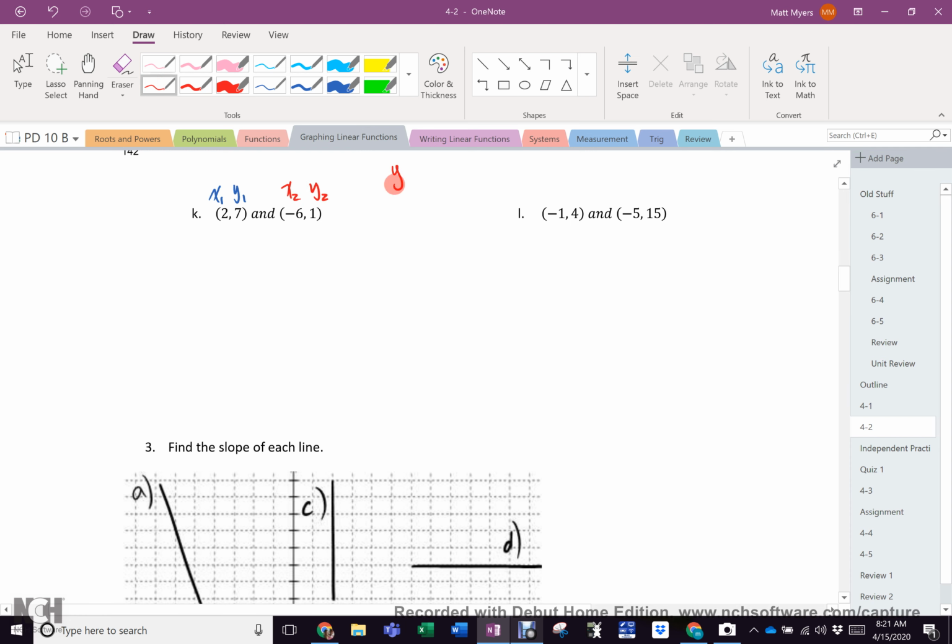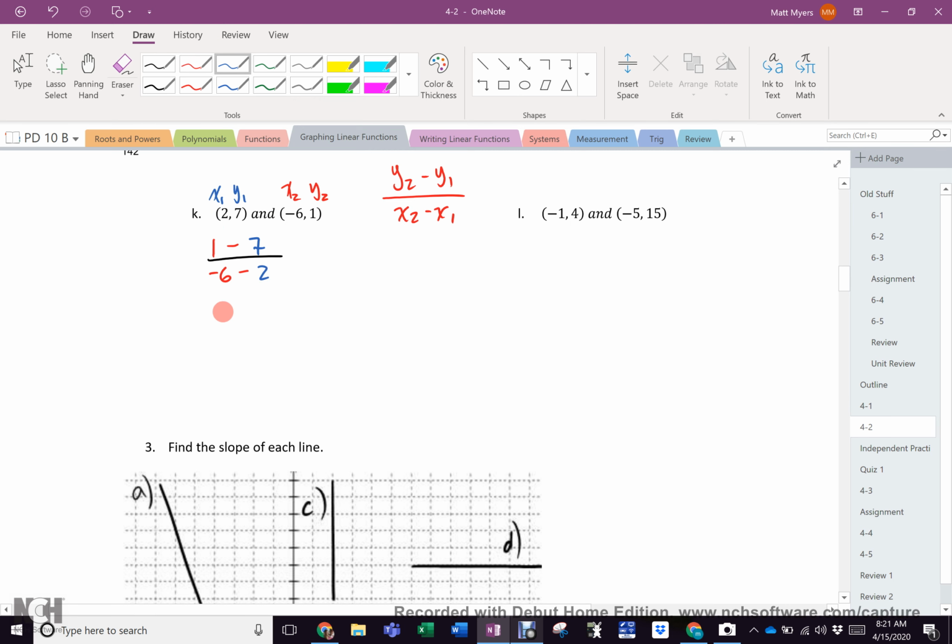And we remember that y2 minus y1 over x2 minus x1 also gets me my slope. Well, there is y2. 1 minus y1 is right there. Minus 7 over x2, negative 6, minus x1, 2.